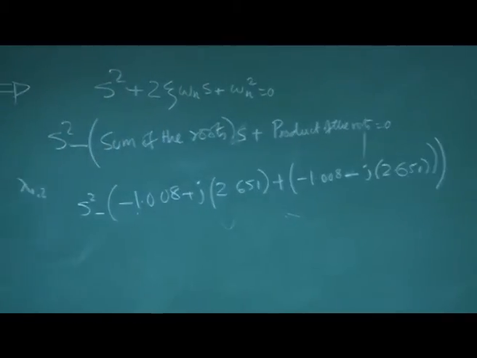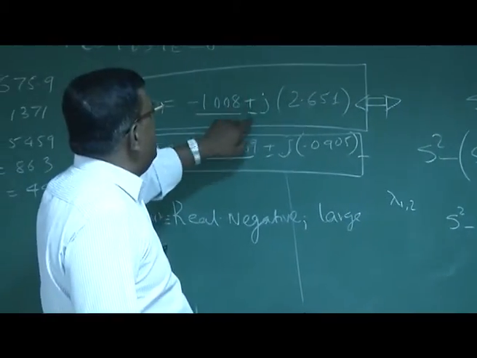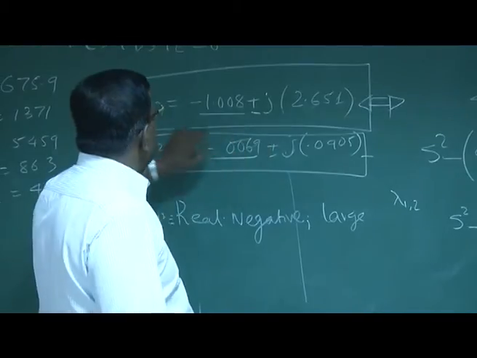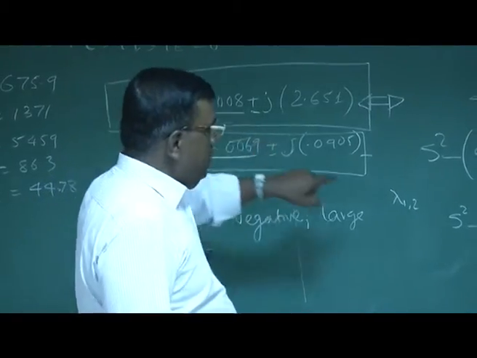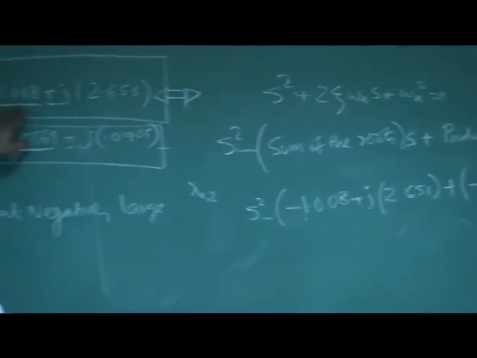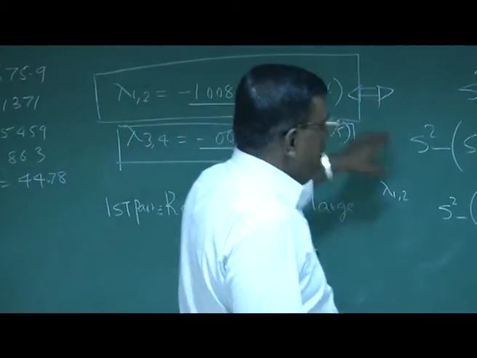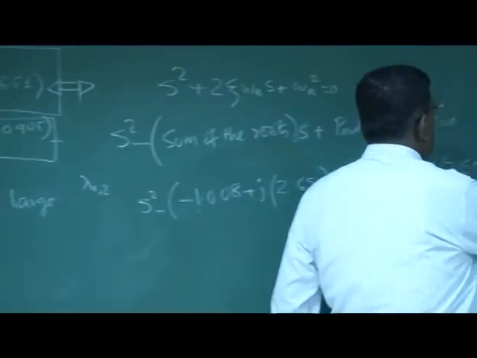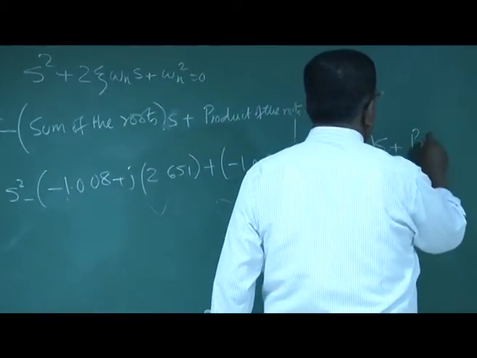What will that be? Minus 1.008 plus or minus j 2.651. So one root is minus 1.008 plus j 2.651, and the second root is minus 1.008 minus j 2.651. I missed the minus sign earlier; it is a complex pair. This is the sum of the roots into s plus the product of the roots.